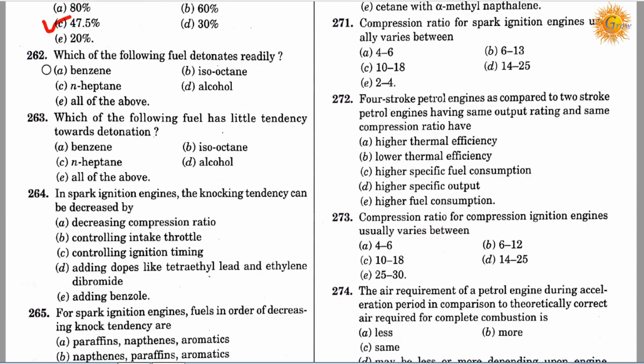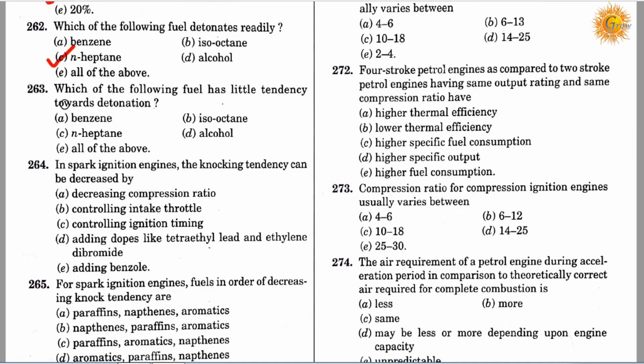Question number 262. Which of the following fuels detonates readily? Option A, benzene; option B, isooctane; option C, n-heptane; option D, alcohol; option E, all of the above. So the correct answer will be C, n-heptane.